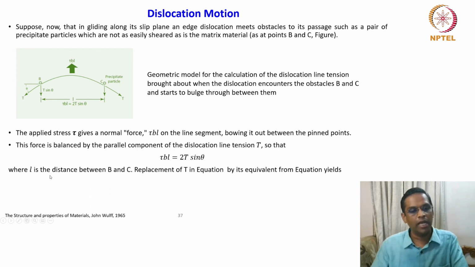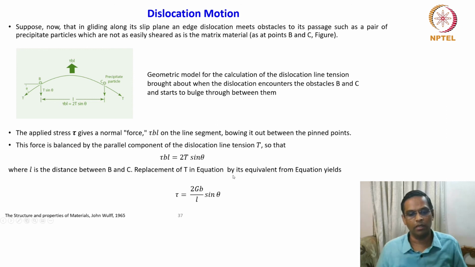Where L is the distance between B and C, and replacing T by its equivalent, which we have already seen, tau is equal to 2GB by L sin theta. This is the shear stress that the dislocation encounters when it meets the two obstacles, the non-shearable particles.